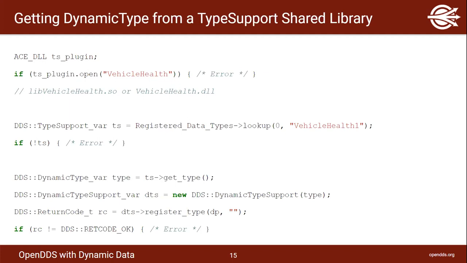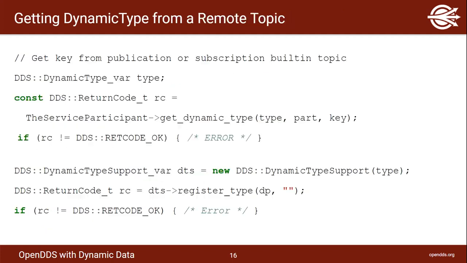Dynamic type support is the same as regular type support classes, but it specifically works with the dynamic types. So you can create dynamic data readers and writers from it. And you'd have to register it like normal, and you just hope that works. And you should be able to create the dynamic readers and writers as normal. I can go to the next slide.